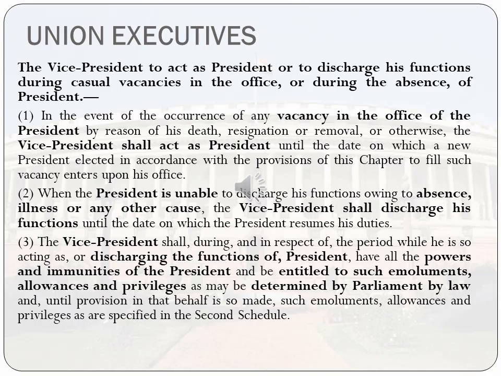He will also be entitled to all the emoluments, allowances and privileges that will be determined by the Parliament by law, and until provision in that behalf is so made, such emoluments, allowances and privileges are to be specified in the second schedule. So whenever the Vice President is acting or filling in the shoes of the President, he shall be getting the allowances of the President as determined by the Parliament.